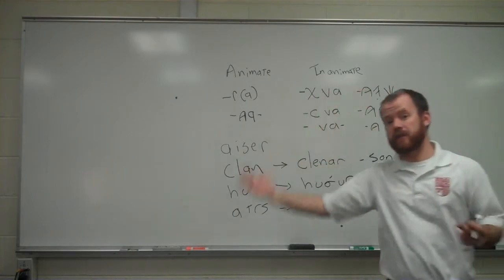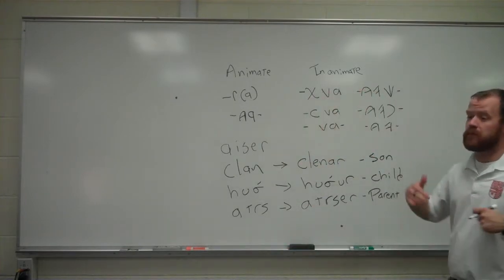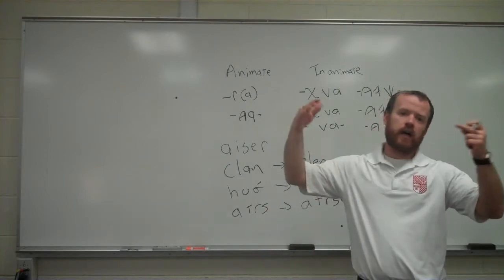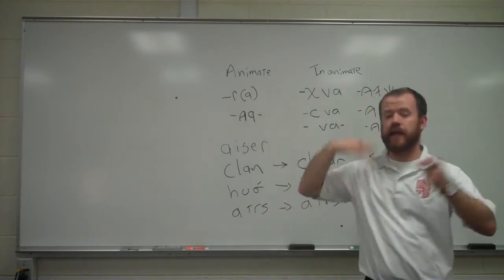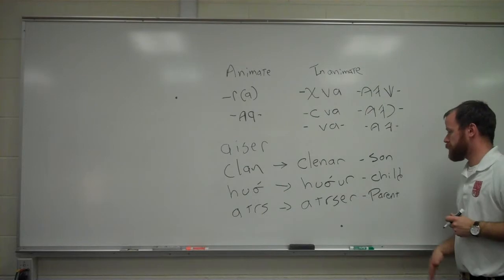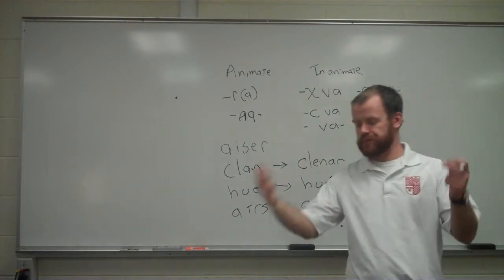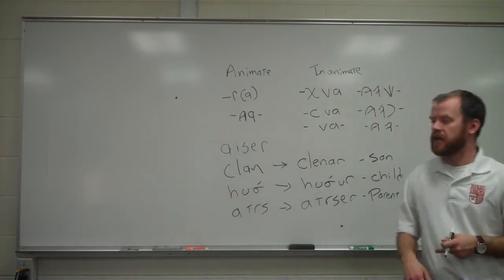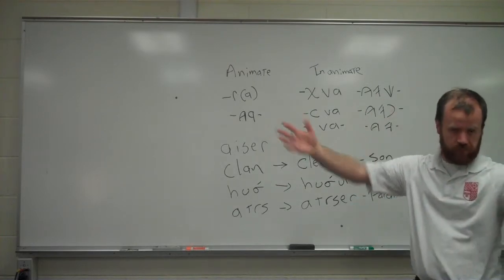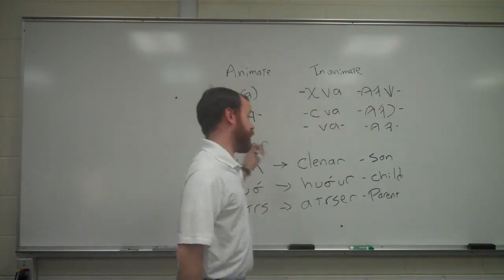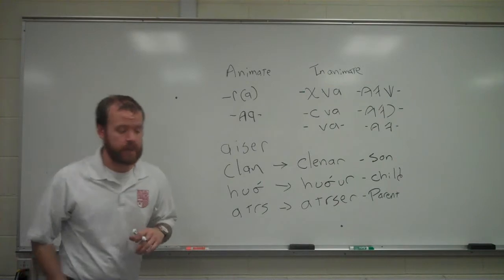Arndt, the son of Lart, or Ramta, the child of Tanaquil and Lugamo, Arn, Laris, the parent of so-and-so. That's why we have a lot of these familiar names, okay?